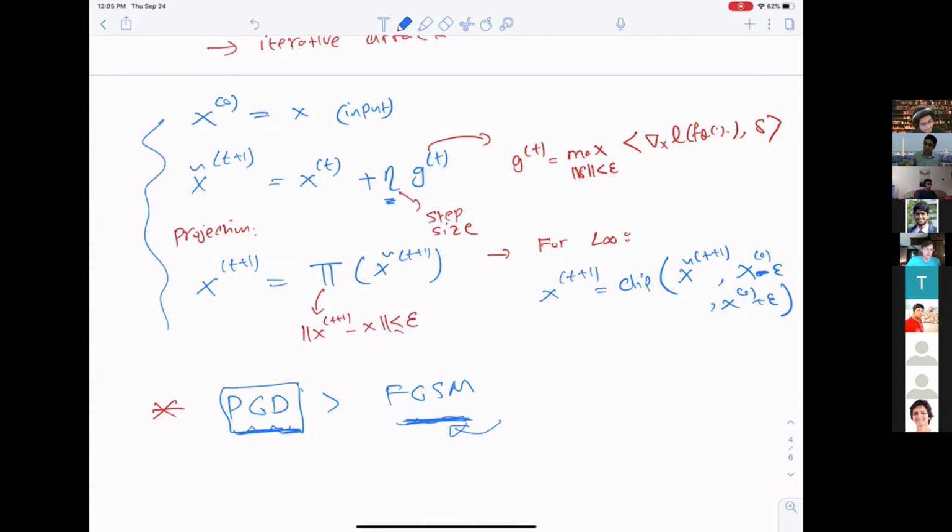In the targeted case, you are, for instance, maximizing a particular logit or probability. In untargeted, you don't care about that particular probability, and any of the incorrect labels you pick is fine. So it's basically integrated in the loss function. Yes, these are all white box attacks.